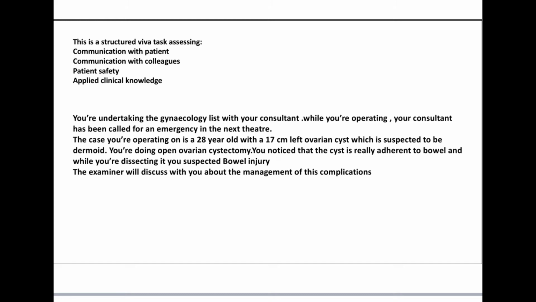So what are the things or the paperwork we need to fulfill in this case? First of all, we need to do an incident report. We need to debrief the patient. We need full documentation of everything regarding the procedure, regarding the injury, and regarding the post-operative care. And what are the learning points or the reflection from this station?